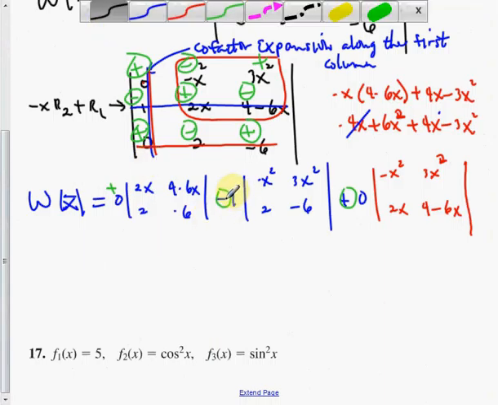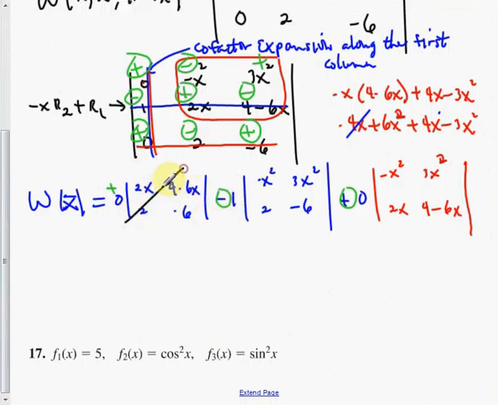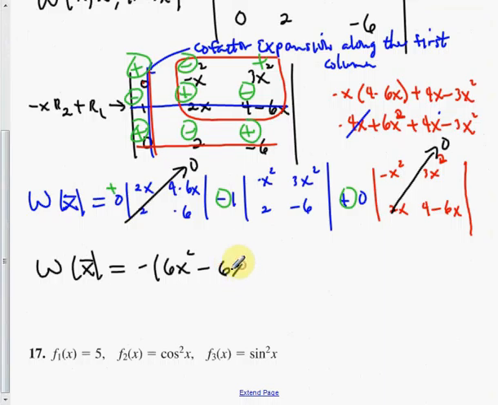So here everything is based off of this guy, because this is 0, because of that 0 in front multiplied. That's 0. And so here the Wronskian is based on this guy. So this is the negative in front. This is positive 6x squared minus, it becomes this times that, then minus this term times this term.